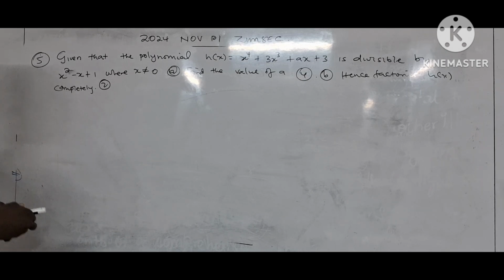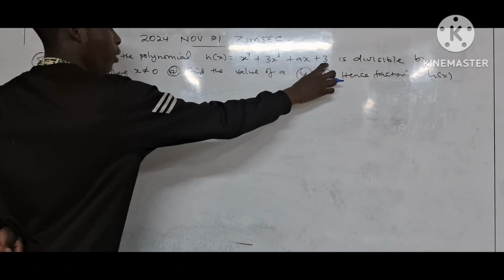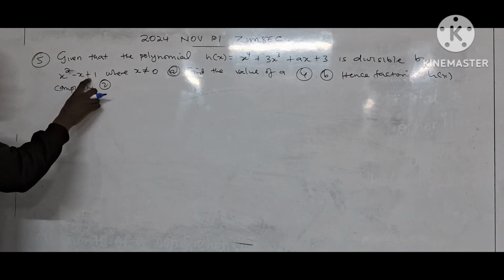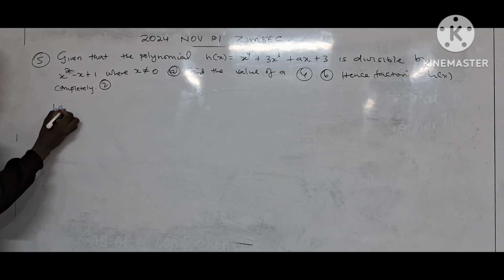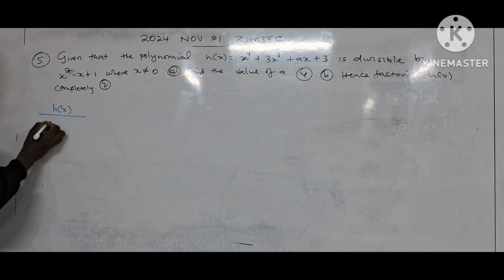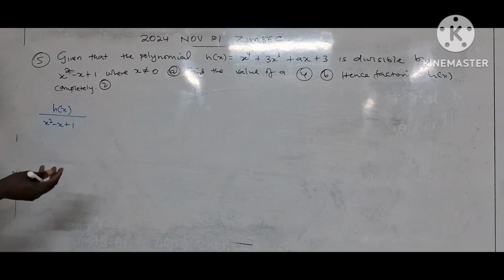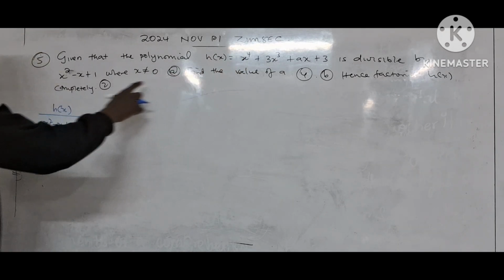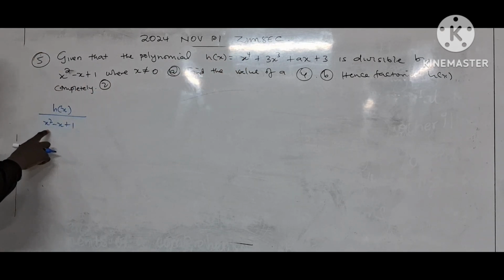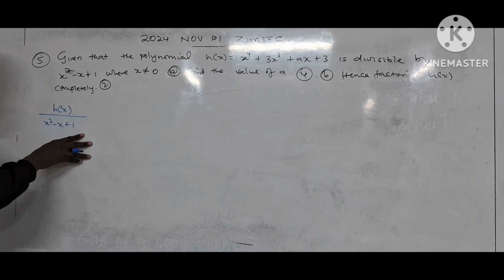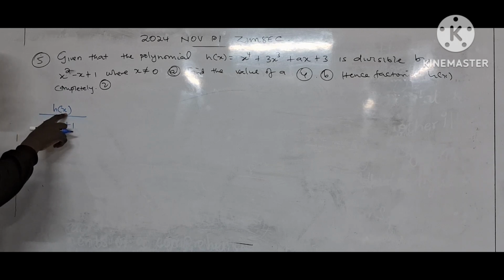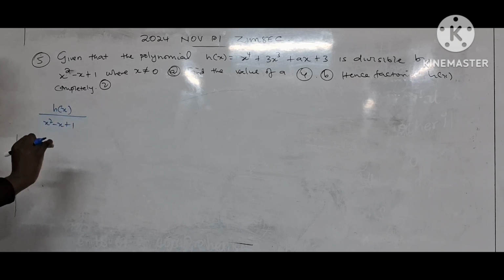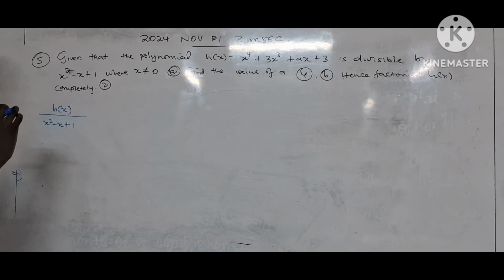This is the polynomial and it is divisible by x squared minus x plus 1. So if you are saying this is divisible by this, it means this is a factor of h of x. In other words, x squared minus x plus 1 goes into h of x and does not leave a remainder. Right? It does not leave a remainder.